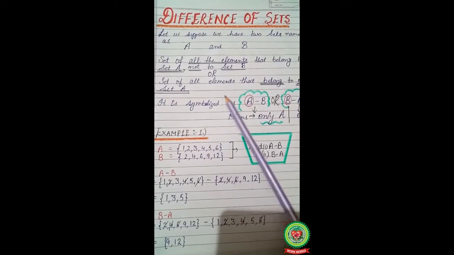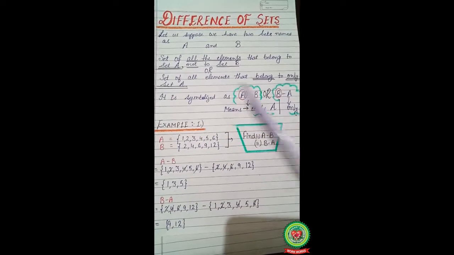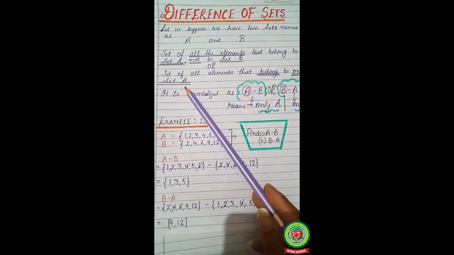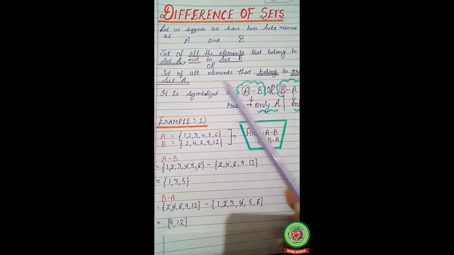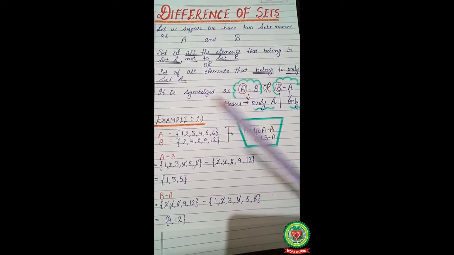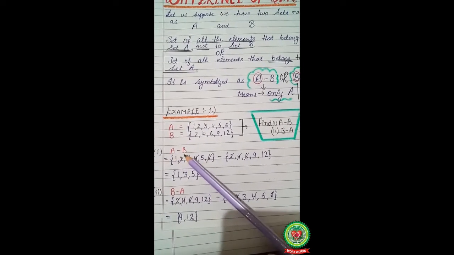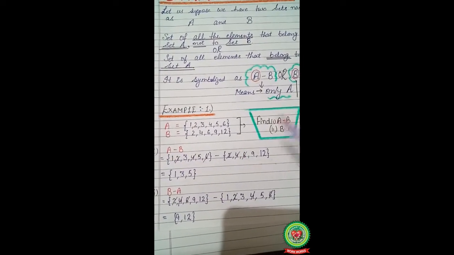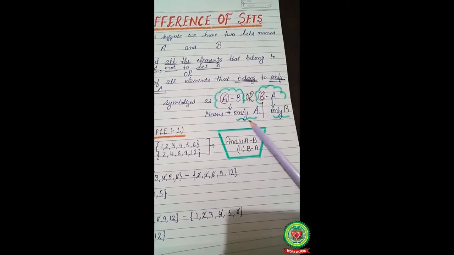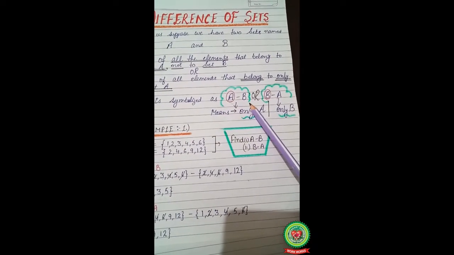Now from the definition, we will see what to do in the next step. Set of all elements that belong to only set A. That means if we are talking about A minus B, what is only set A? Only set A means A minus B, right?